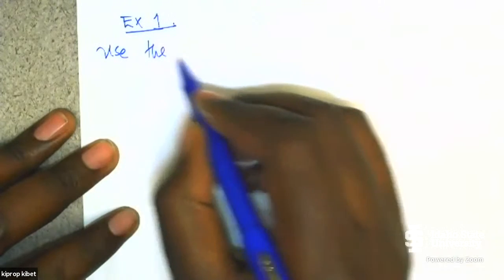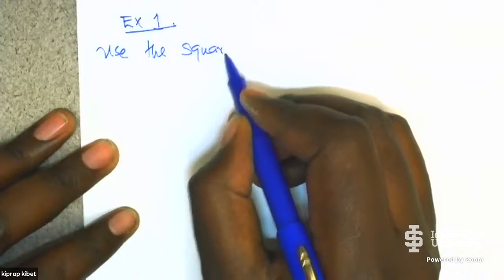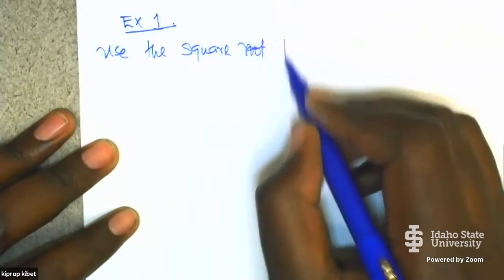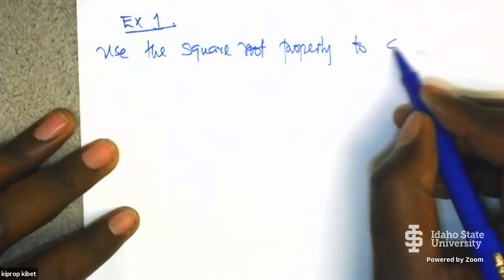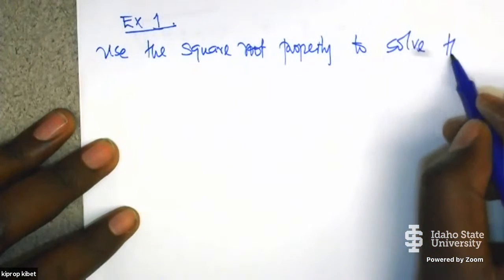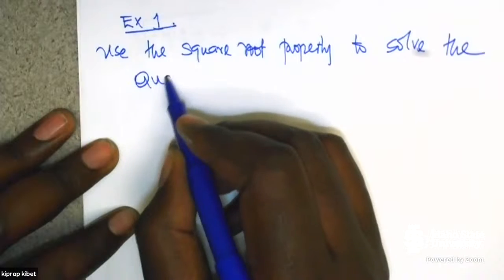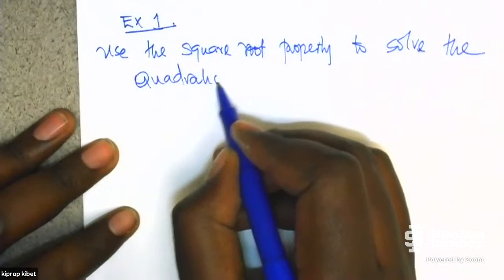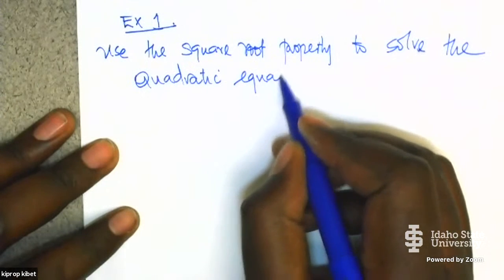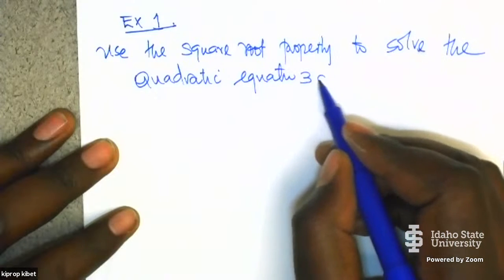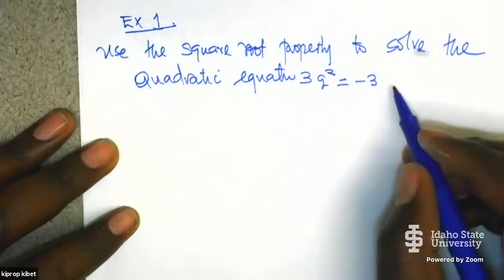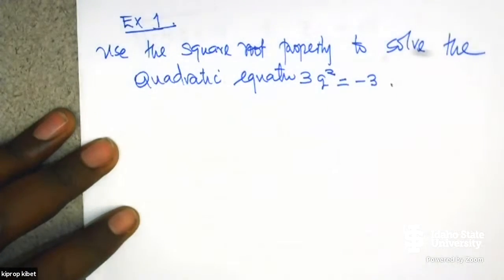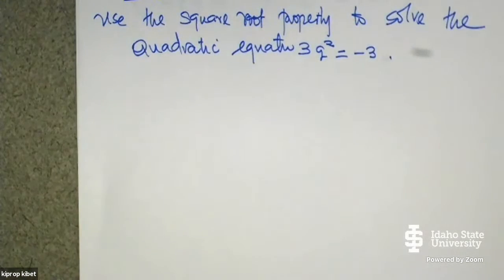Use the square root property to solve the quadratic equation 3q squared equals minus 3.